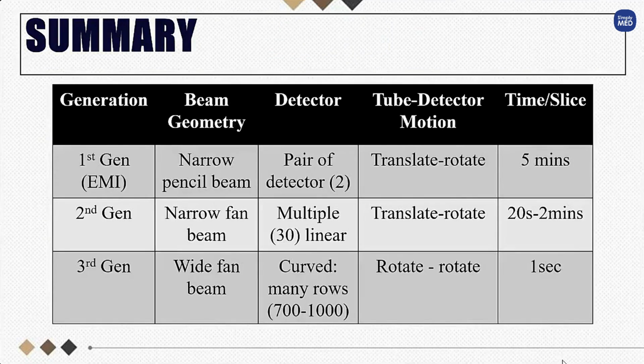Okay, going to the summary, we learned the first generation, which is our EMI scanner. We used a pencil beam, one detector, and translate-rotate. In the second generation, we have a narrow fan beam, multiple detectors, translate-rotate. Third generation, we used a wide fan beam with continuous rotation, so rotate-rotate.